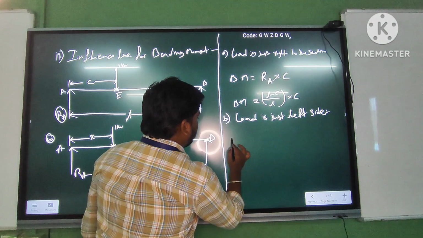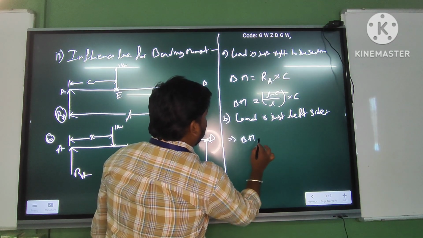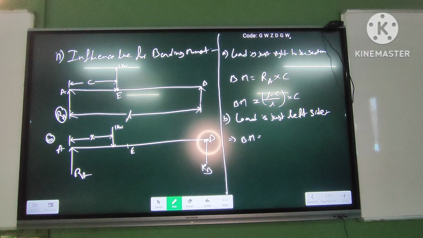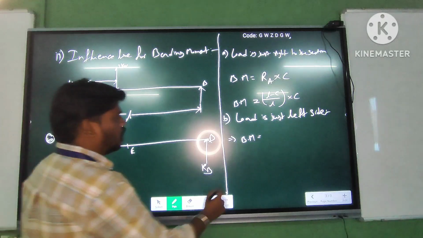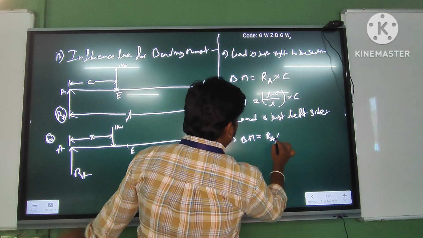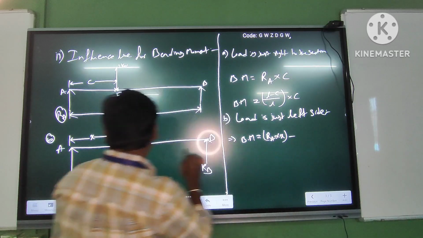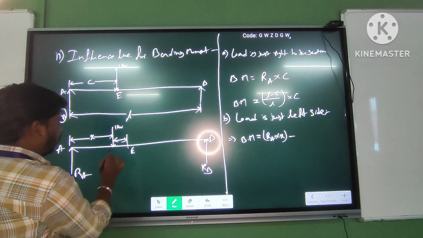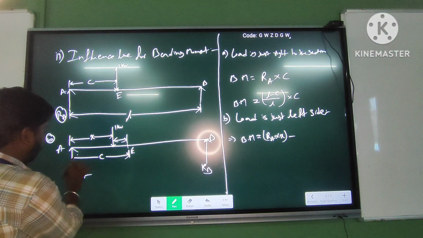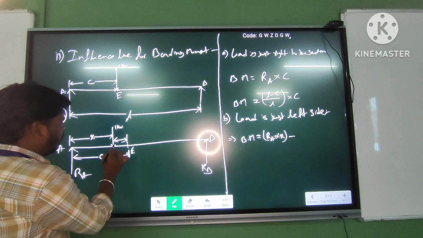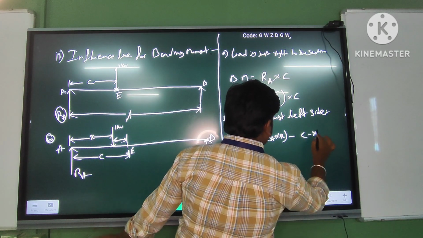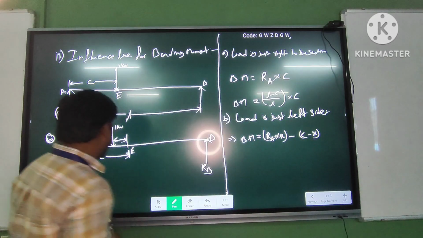So what is the bending moment here? Bending moment is equals to RA into x minus this portion we need to mention. What is this portion? From here to here it is C, then from here to here that is C minus x.